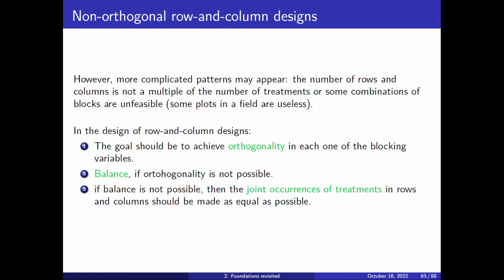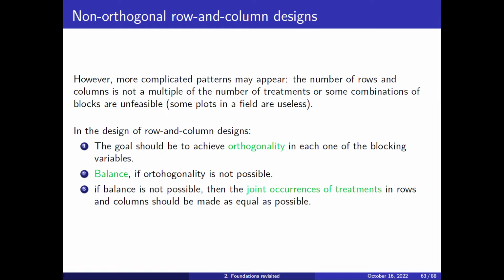And complicated patterns may appear if the number of rows and columns is not a multiple of the number of treatments, or some combinations of the blocks are invisible. So for instance, some plots in the field are useless.